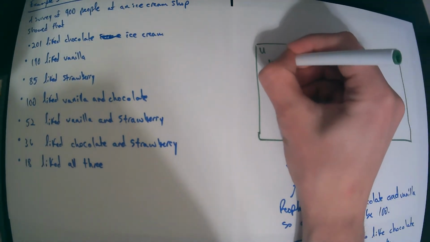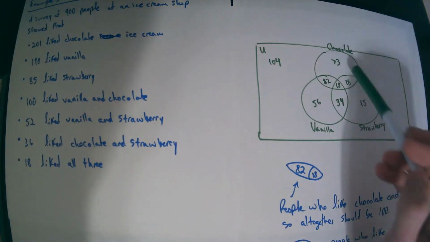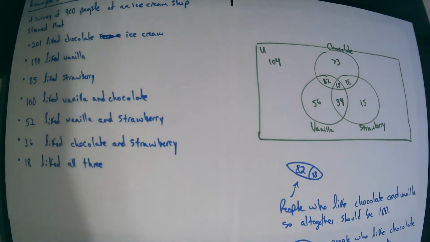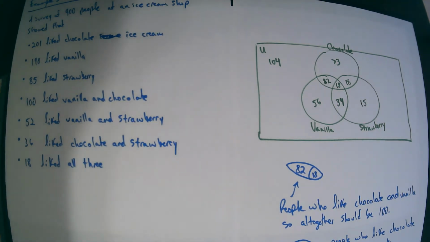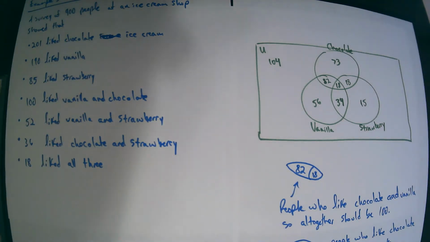So that means there are 104 people who answered with something other than one of these three flavors. So they answered something else. Something else that wasn't considered in this survey, or at least in this analysis of the data.